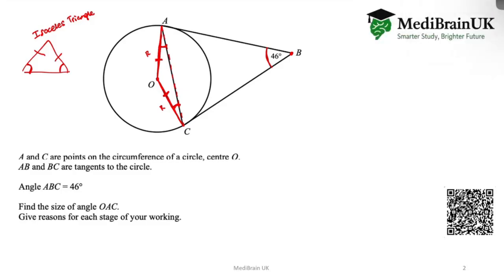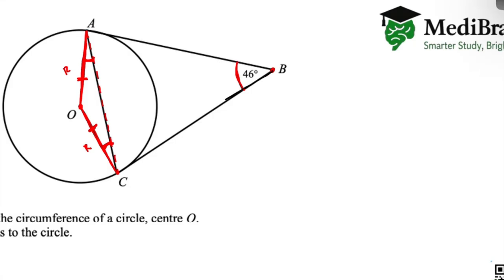We've got this line coming from this point and meeting the circle at point C. When you have a line coming in and meeting the circumference of the circle, we know that that line is a tangent. So we can see a tangent coming in and meeting the circumference of the circle.